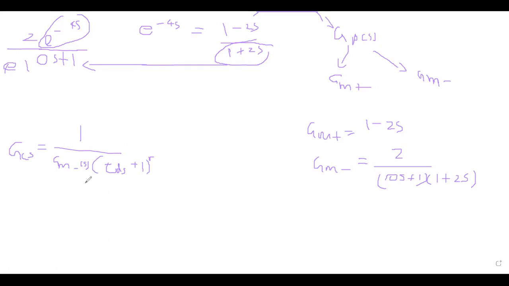So by substituting here, we know GM minus s is equal to this. You flip it around, so you get 10s plus 1, 1 plus 2s divided by 2. Then you get this part that is equal to 1. So we get s plus 1.